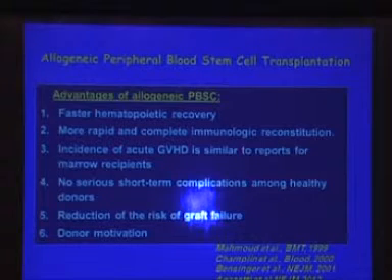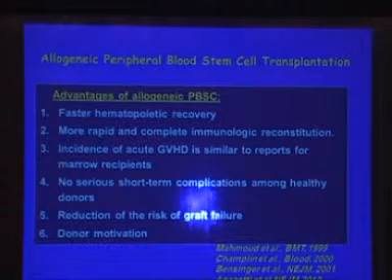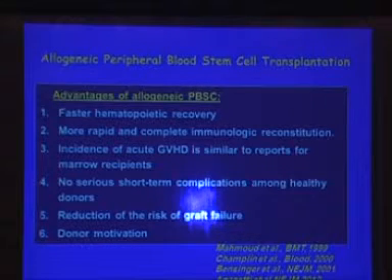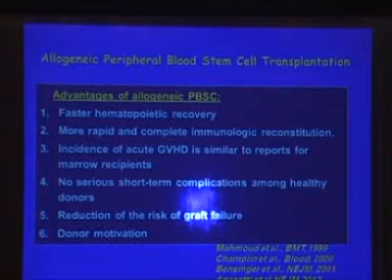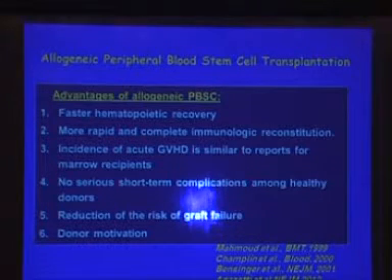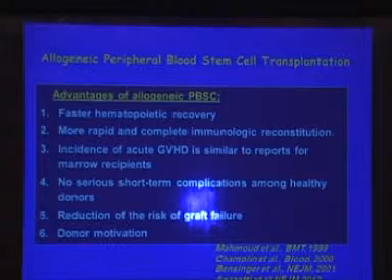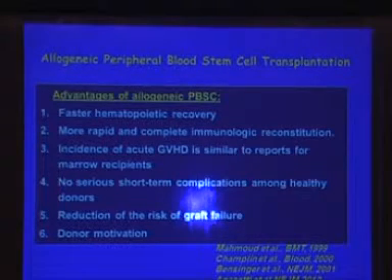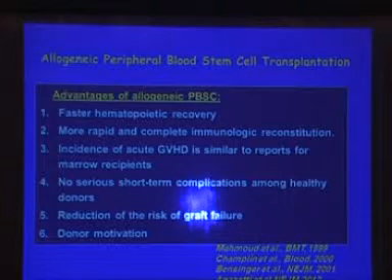However, peripheral blood stem cell transplantation has been coupled with faster hematopoietic recovery, more rapid and complete immune reconstitution, and a similar incidence of acute GVHD to that reported among marrow recipients. There were no serious short-term complications among healthy donors.